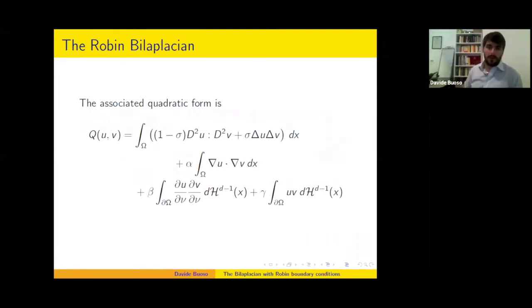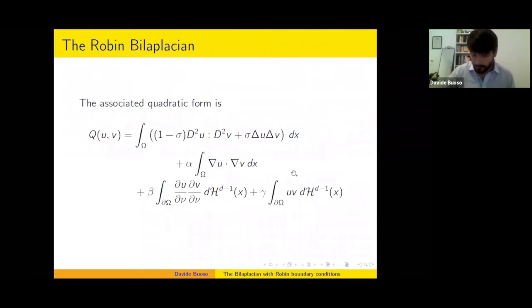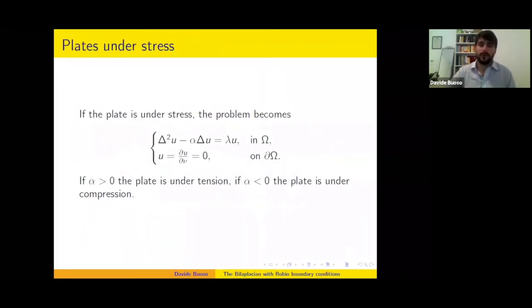So, okay, we were saying about this quadratic form. Actually, this Robin problem is set in H2. If you set this quadratic form in H2_0, you end up with this Dirichlet problem, as you expect.